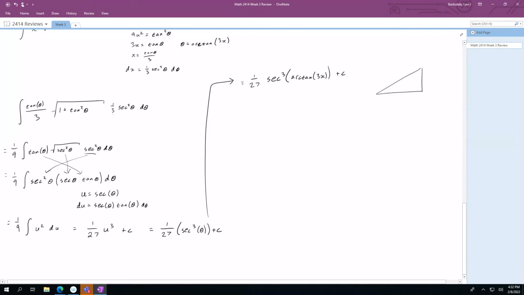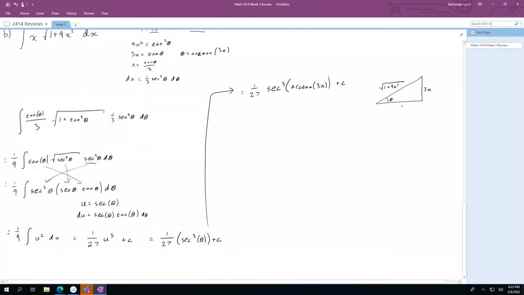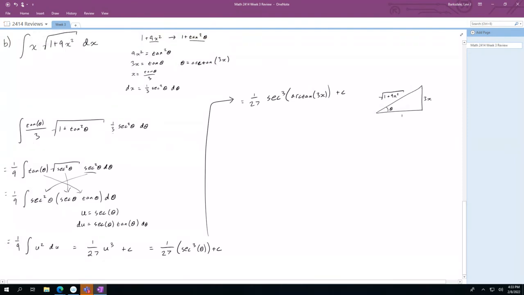I know that tangent is opposite over adjacent. So here I have 3x as my opposite, and I can think of it as just being divided by 1. So then my hypotenuse would be the square root of 1 squared is 1 plus 3x squared is 9x squared.